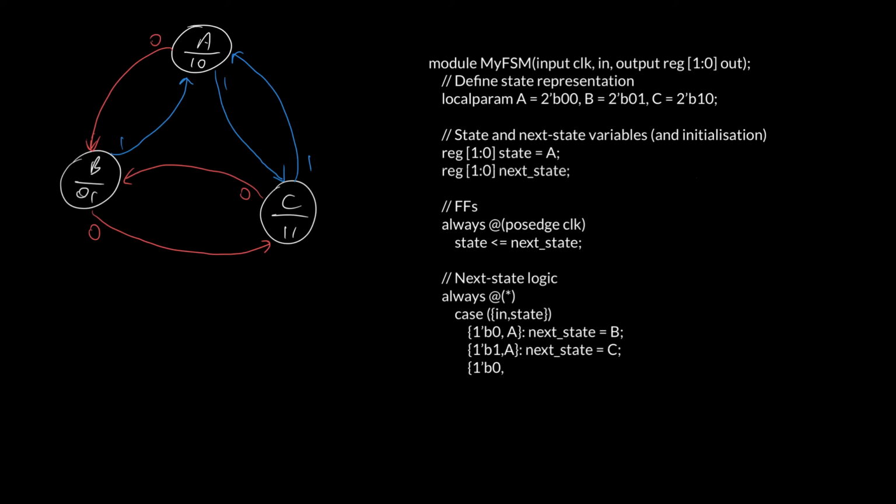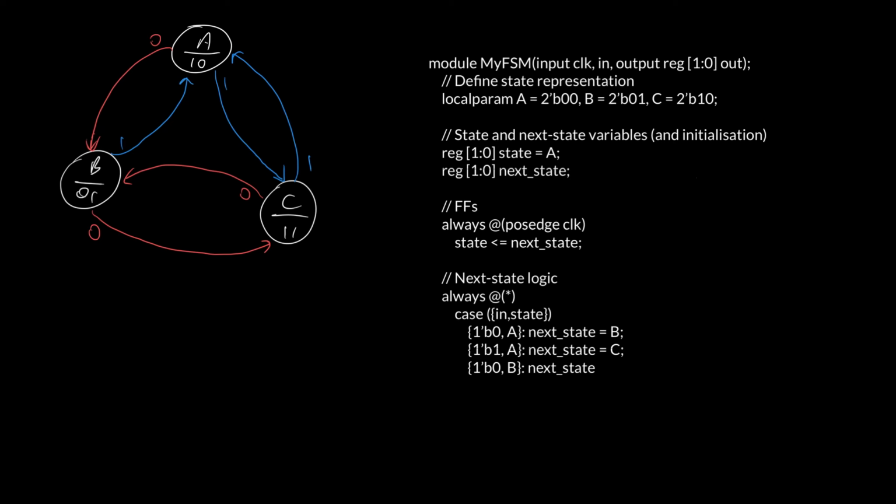If the input's 0 and we're in state B, where do we go? We look at our diagram, we find state B, we have a look at, so 0 is red, we look at the red arrow coming out.